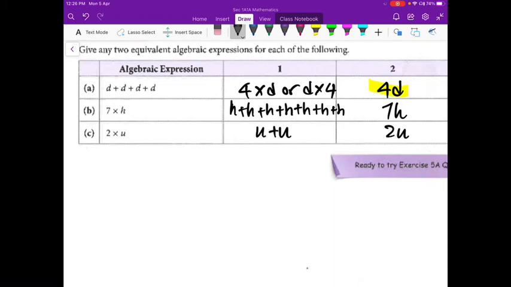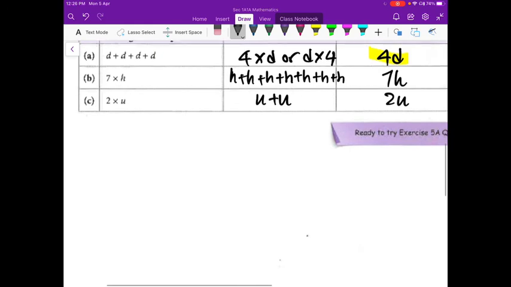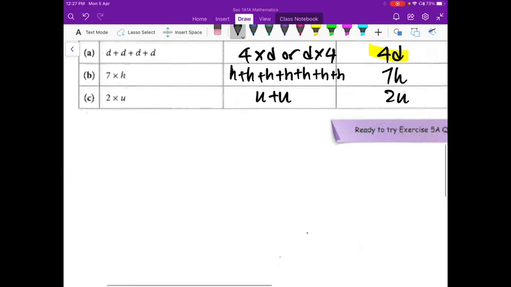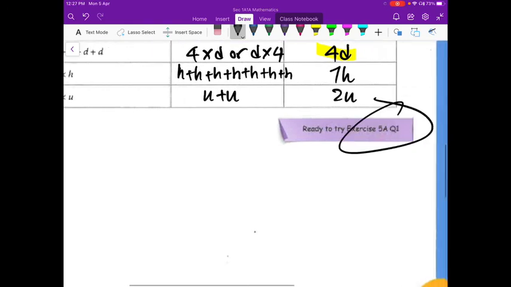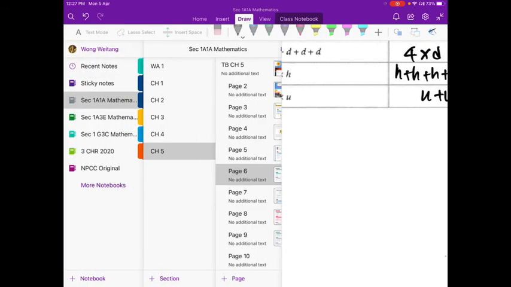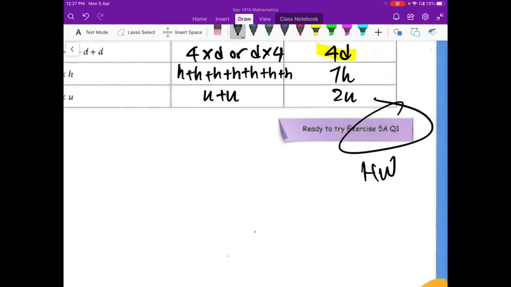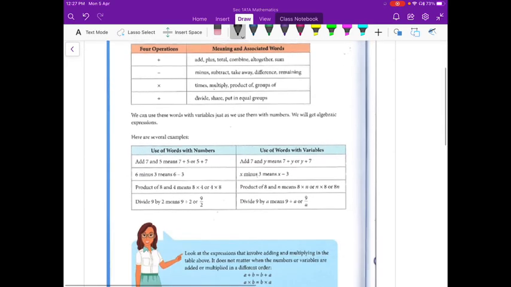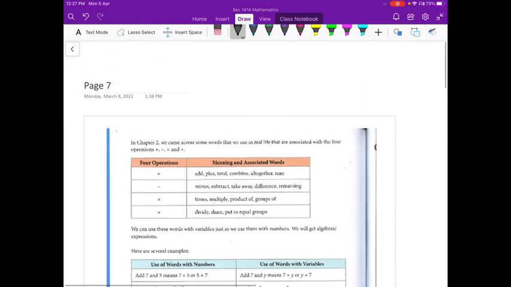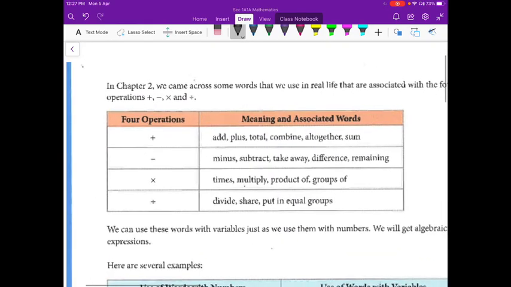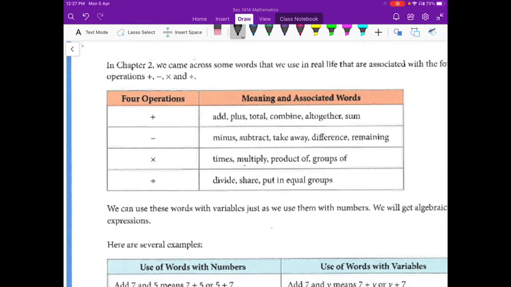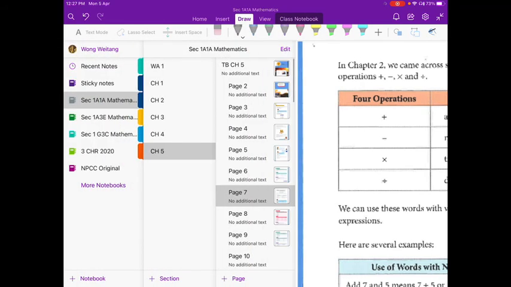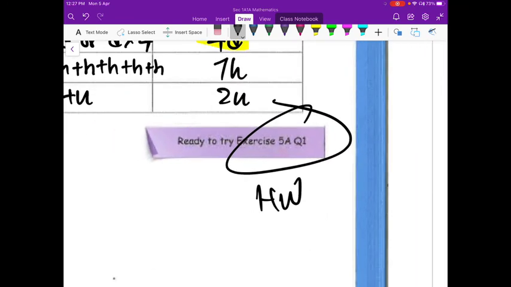Now, we pause here for a short while. Okay, so this is your homework. Exercise 5A, question 1. Okay, very good. Your workbook, exercise 5A, question 1.